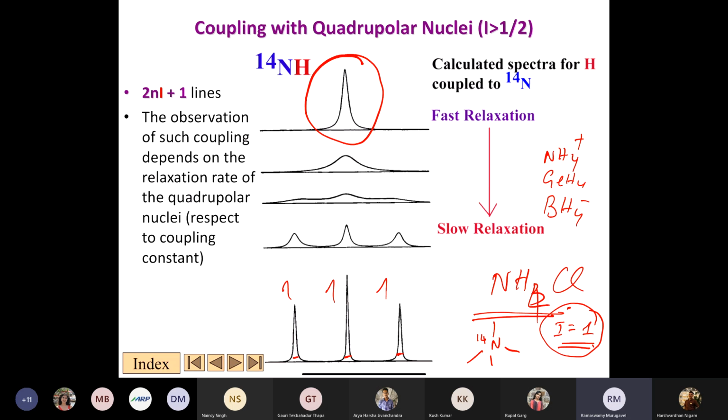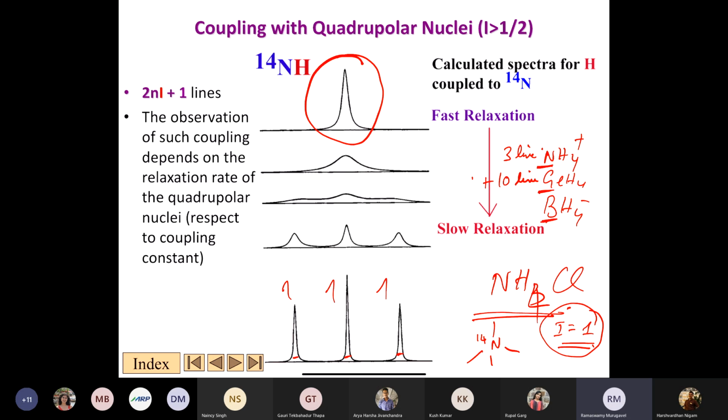All these 3 molecules have a quadrupolar atom in the middle and a non-quadrupolar proton in the periphery. Spherical field, nice, 3-line spectrum, equal intensity. 10-line spectrum, like 1 plus 10 line, I would say.